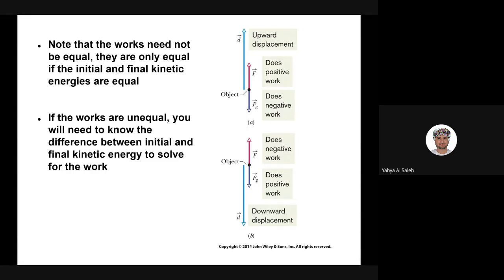They are only equal in this case if the initial and final kinetic energies are equal. Okay, so if initially 0, finally 0, the works are equal. Now, if the works are not equal, that means we have a change in velocity.